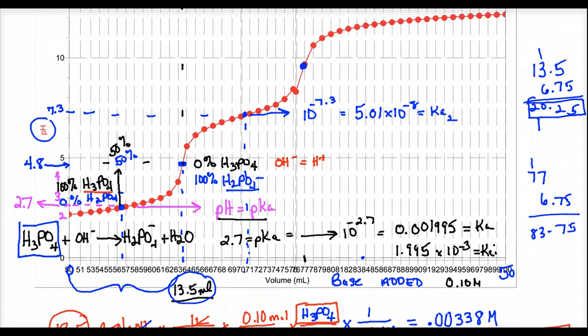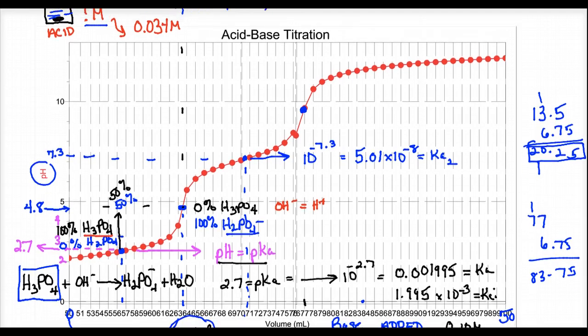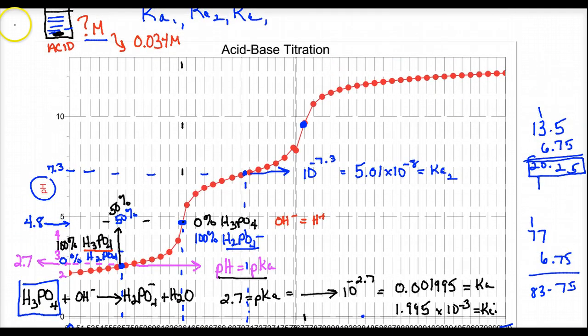Now I should write the second reaction that's going on here. I'll put that in black. At this point here we have 100% H2PO4 negative, plus, guess what, the hydroxide is going to make HPO4 negative 2, because it lost an H, plus the water.